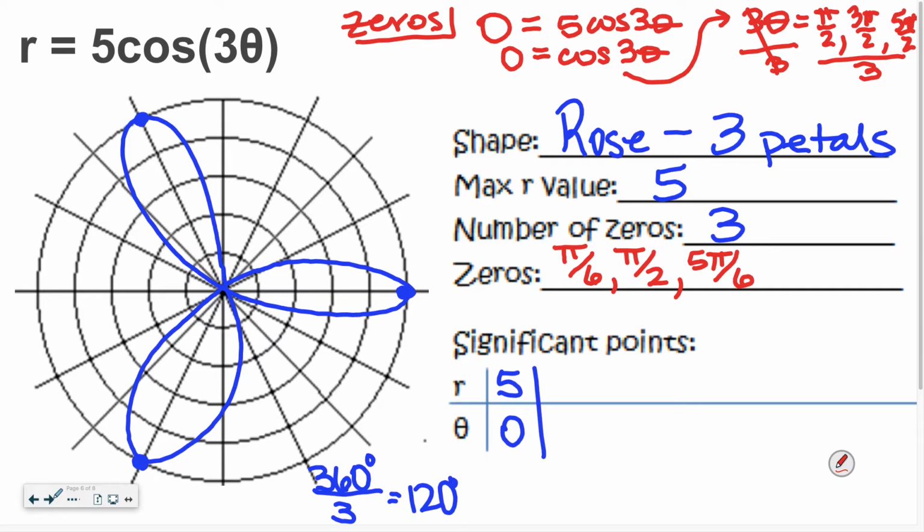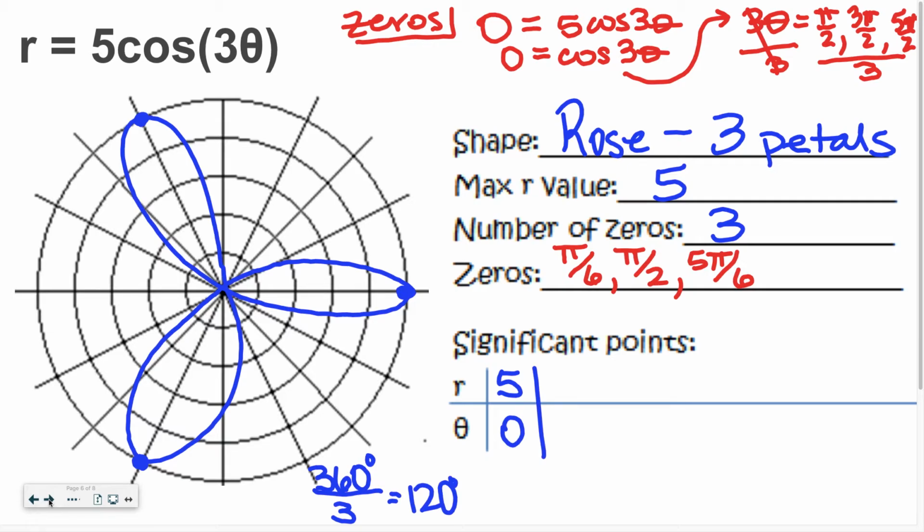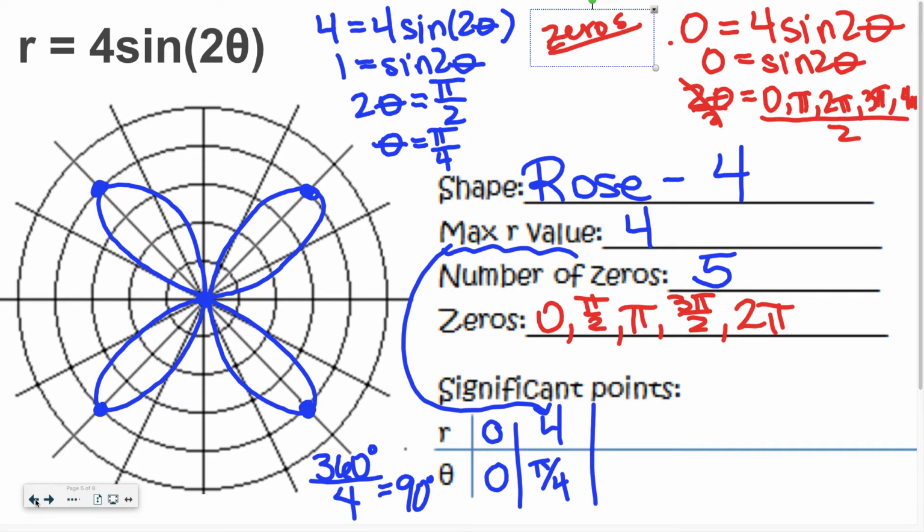In the significant points, I better see theta is 0. If you get your first petal, that's all you need. If you get a 0, figure out your first petal, put it there, and then you don't need anything else.